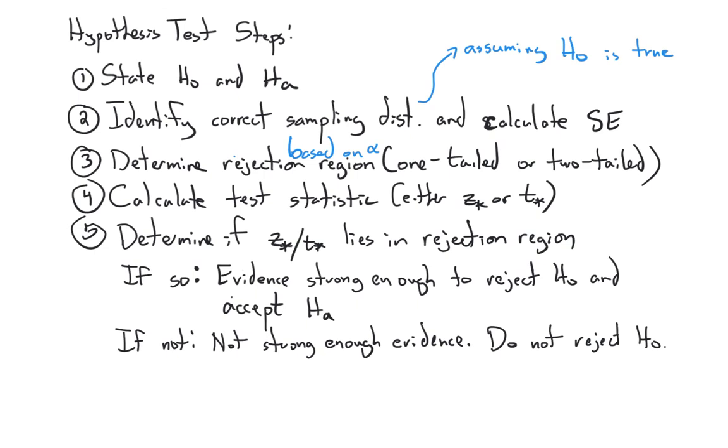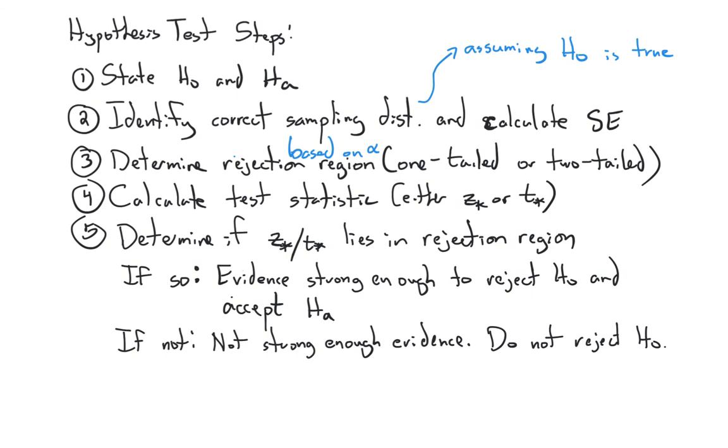If it does, then that's evidence that the null hypothesis must be incorrect. So we reject it and we accept the alternative hypothesis. That's what happened in our situation. We had quite strong evidence. It was 6 standard errors away from the assumed mean, so it's not very likely that that's the actual mean. So we reject the null hypothesis and we accept the alternative hypothesis. We accepted that the mean must be greater than 2.5.